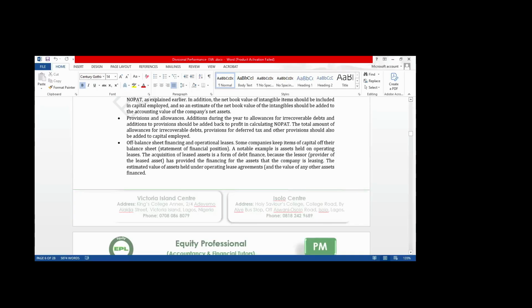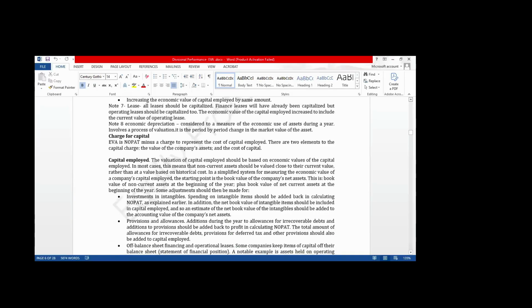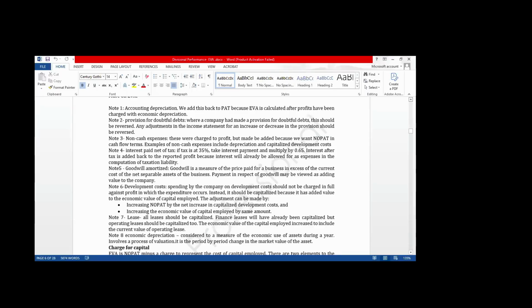However, economic value added uses economic profit and economic capital employed, unlike the residual income that uses accounting profits and accounting capital employed.